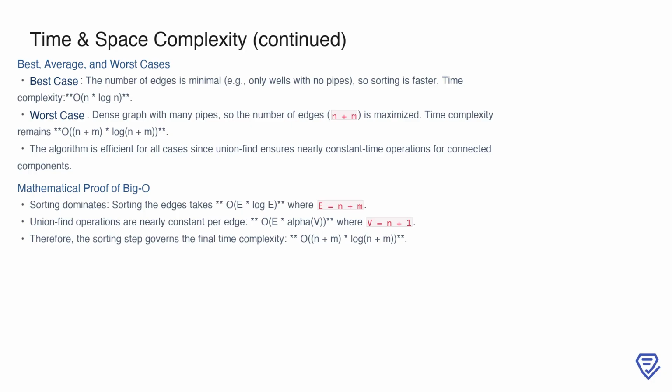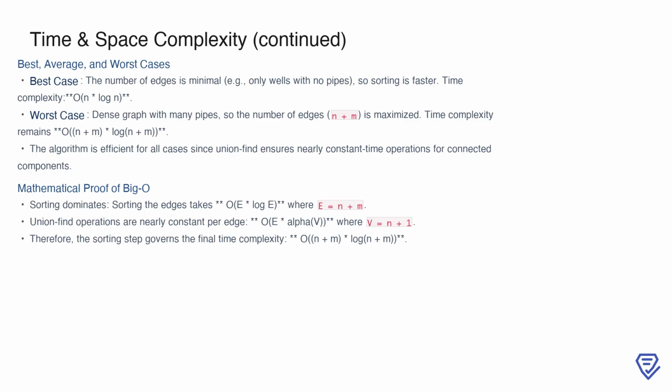Even in this scenario, the time complexity remains O((n + m) * log(n + m)), since sorting dominates. The algorithm remains efficient across all cases because union find ensures nearly constant time operations for managing connected components. Mathematically, the sorting step, which takes O(e * log e), where e equals n + m, governs the final time complexity.